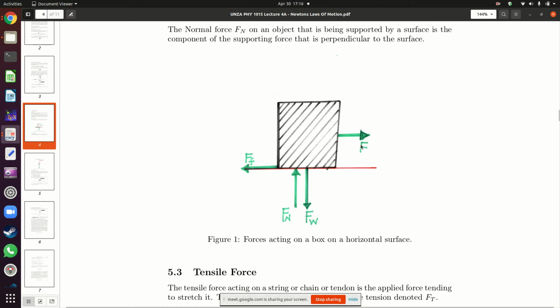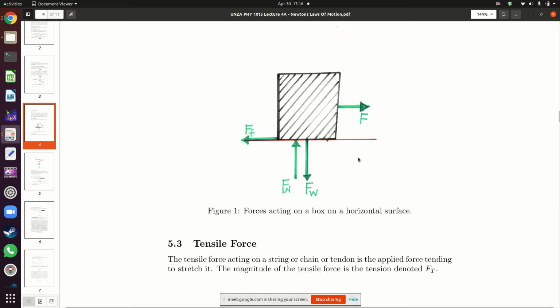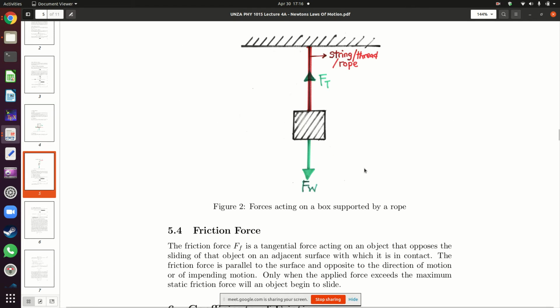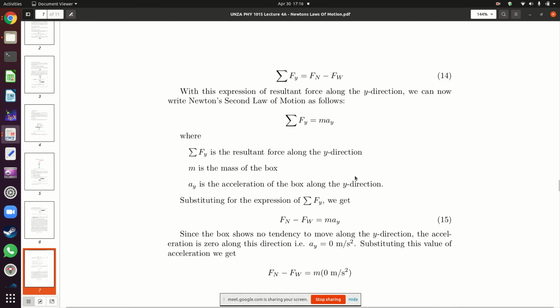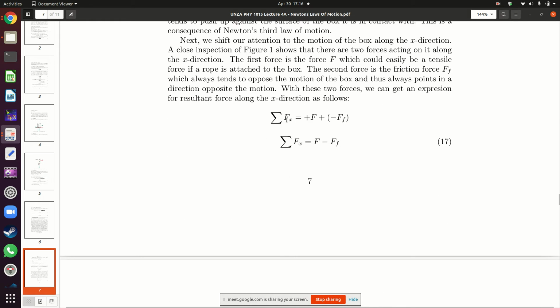We use these two forces, F and the friction force, to work out the resultant force along the x direction. So the resultant force, Fx, along the x direction is equal to the force which is pulling or pushing the box towards the positive x-axis plus the friction force.